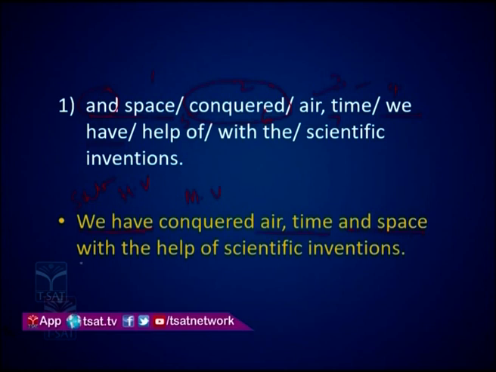After that, preposition, with the help of scientific inventions. With what? With the help of scientific inventions. So the remaining prepositions and the article and the other words are called objects.